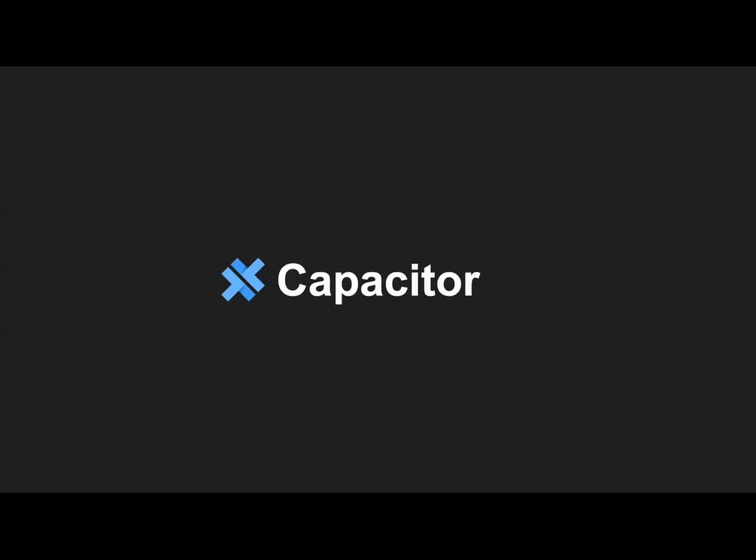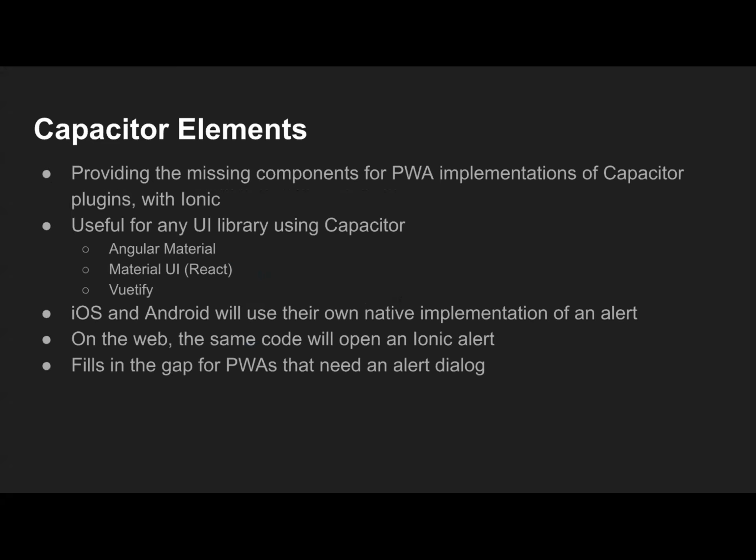And so lastly, this is an Ionic meetup, but I wanted to go just a little bit about Capacitor, and talk about what we're doing. One thing that's kind of a blend between Capacitor and Ionic is a project we're calling Capacitor Elements.